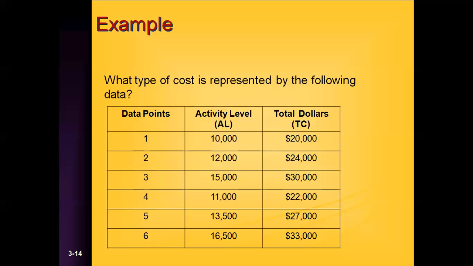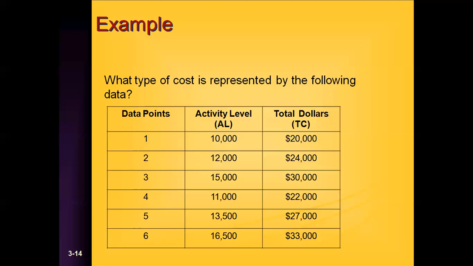Then you do 15,000, and now you're up to 30,000. And we've got a couple other random points: 11,000, 13,500, 16,500. And you can see that there seems to be a linear relationship here between the amount of activity that is going on and the total dollar cost associated with that activity.